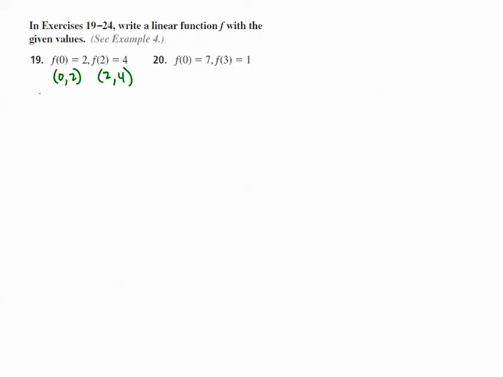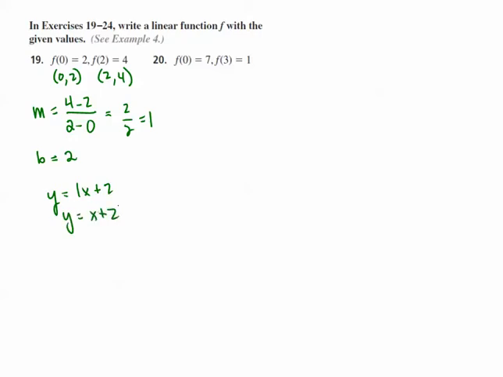So we're simply going to find the slope, y2, 4, minus y1, 2, over x2, 2, minus x1, 0, and we get 2 over 2, or a slope of 1. Again, we know that we're given the y-intercept here because we have the point where x is 0, y is 2, and so we have the equation y equals 1x plus 2, or just y equals x plus 2.